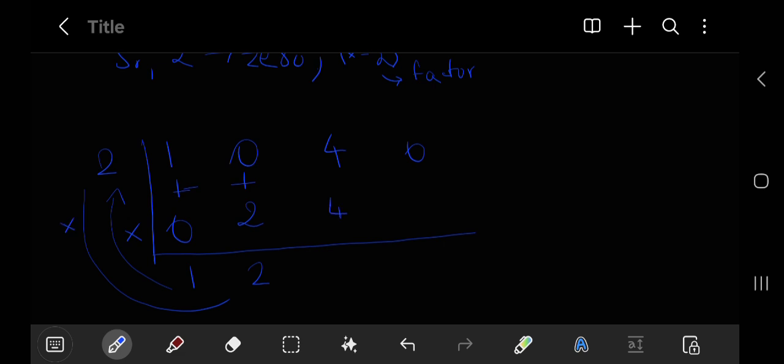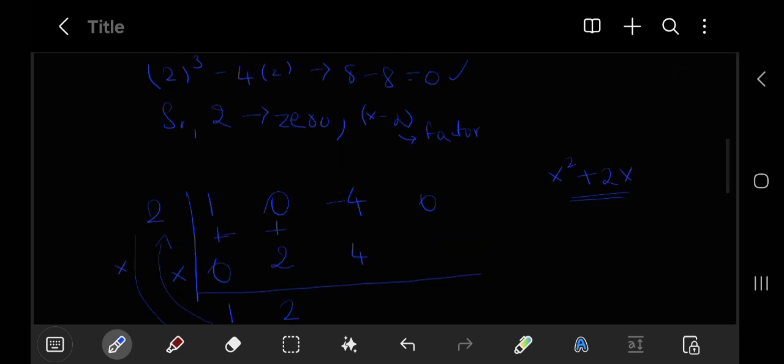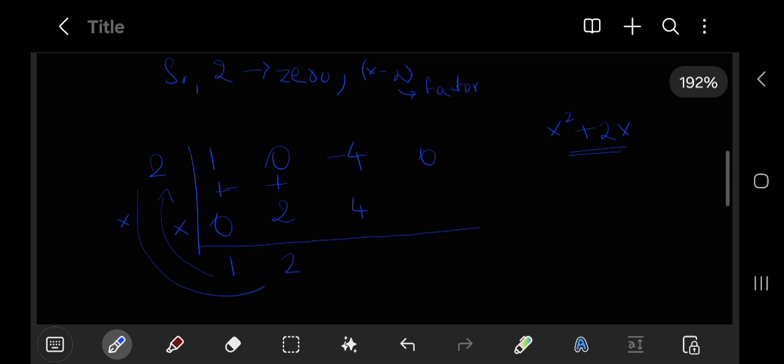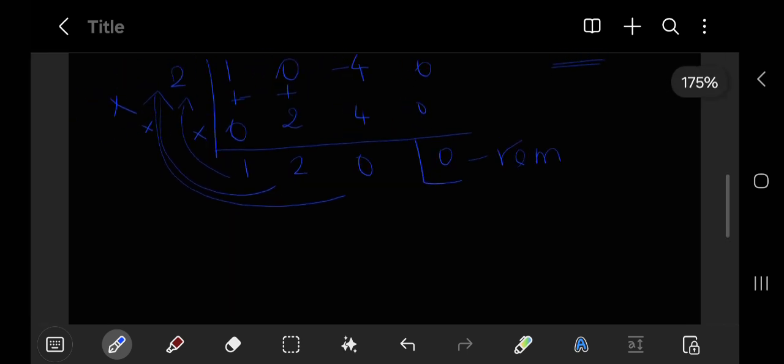Sorry, that's −4, a small correction. Let me correct it. Yeah, −4. −4 plus 4 is 0. And 0 into 2 is 0, leaving me with a remainder of 0.